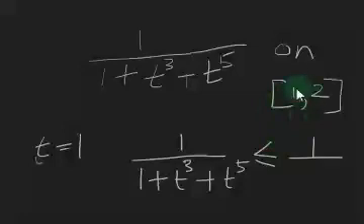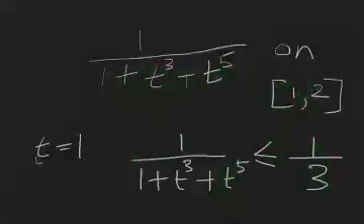When you plug 1 in, you get 1 over 1 plus 1 plus 1, which is 1/3. That is the max, so this is bounded by 1/3, and the maximum occurs at 1.